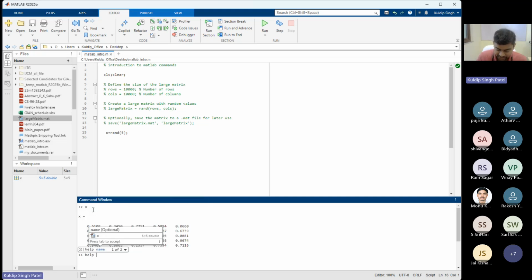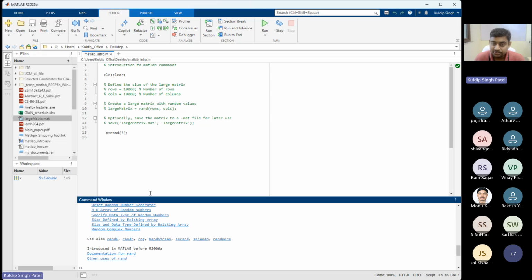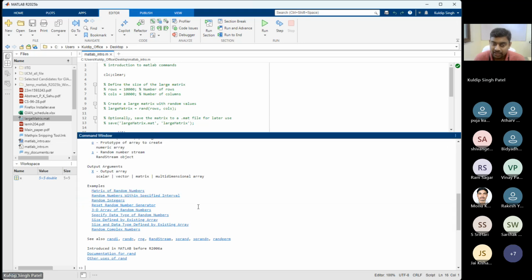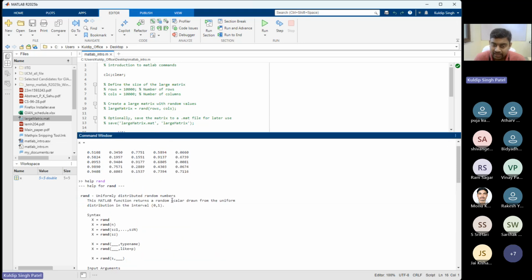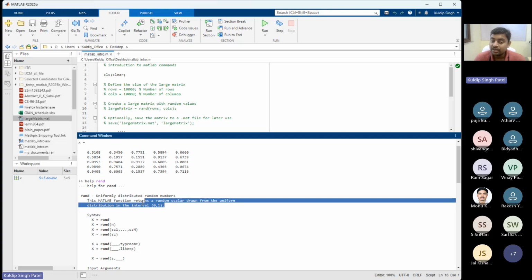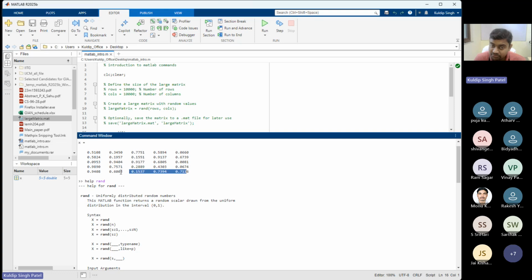So now we'll simply read that it is giving you random scalars, and they are coming from 0 to 1. All the numbers are between 0 and 1.